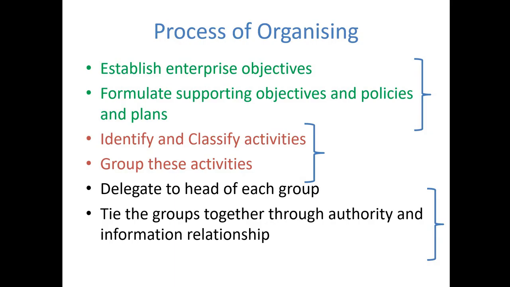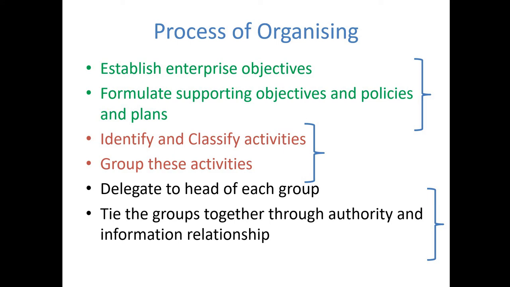So what we have basically done in this process is that first we established enterprise objectives, and then also we formulated supporting objectives and policies and plans. Now the enterprise objectives and their supporting policies and plans, you have already done in the planning stage. So that part is taken care of.